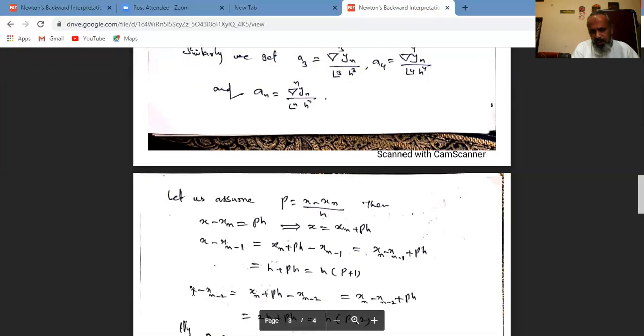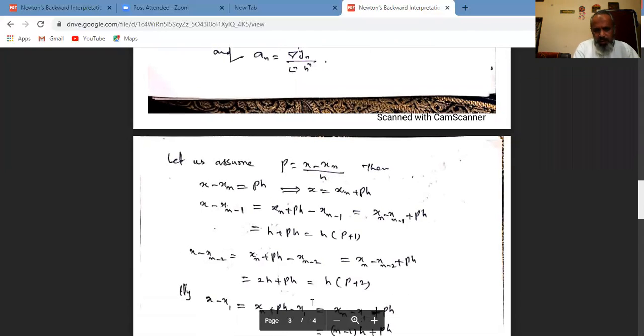Similarly, to write x minus x(n-2), in place of x we are writing xn plus ph minus x(n-2). And xn minus x(n-2) plus ph, this is the difference of two x values. So xn and x(n-2) differ by 2h. 2h plus ph, h common, p plus 2.